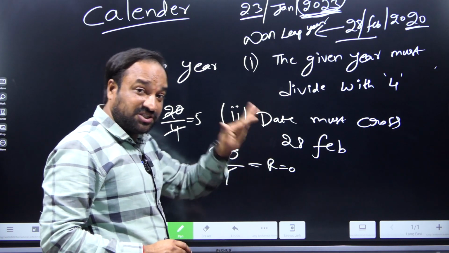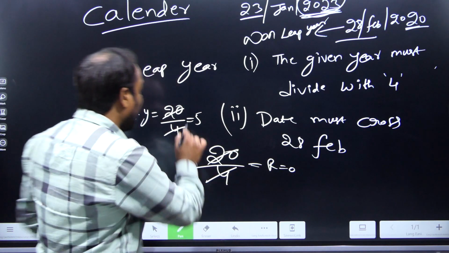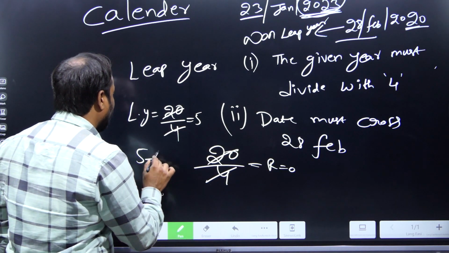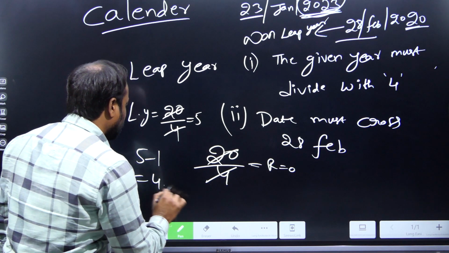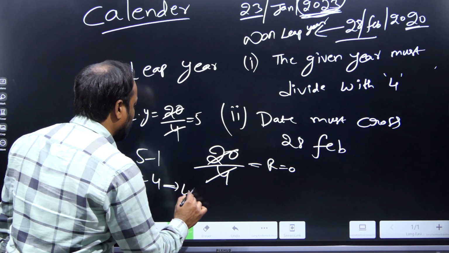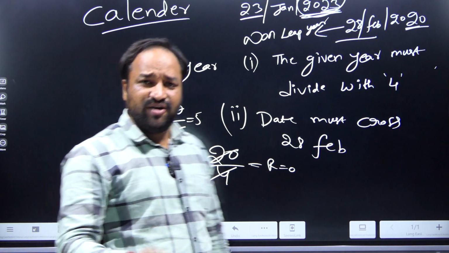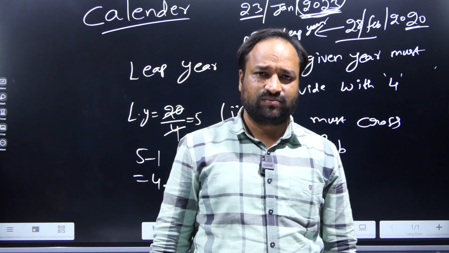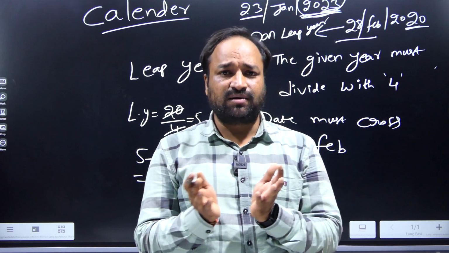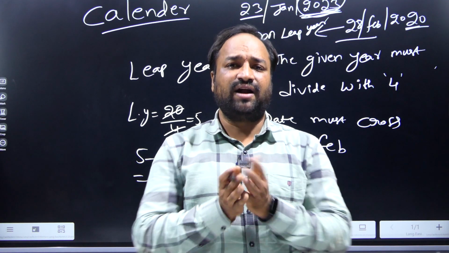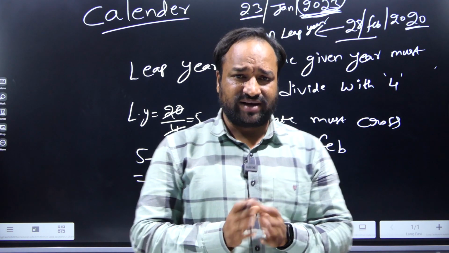So we have to subtract 1 from 5. That means there are only 4 leap years. This is the concept regarding calendars.